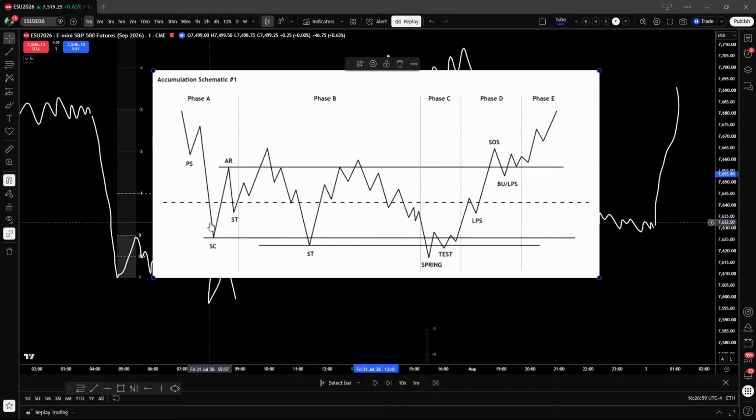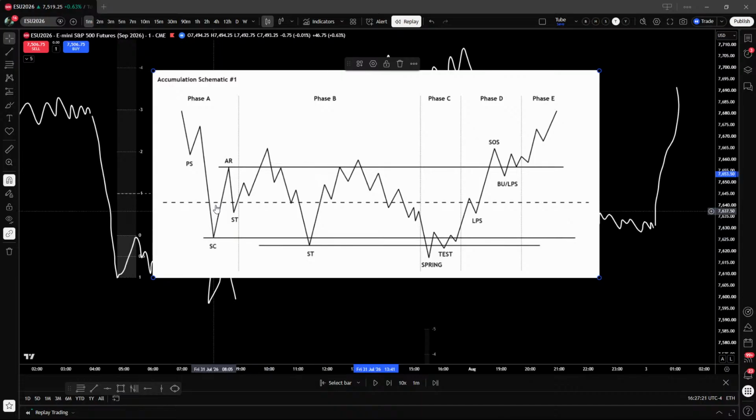This schematic here is the basic one for accumulation. We have one sweep here of the low, and then one more, and then price takes off. That's really all you have to know.